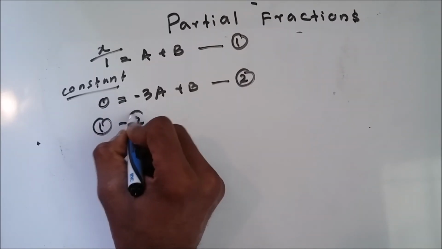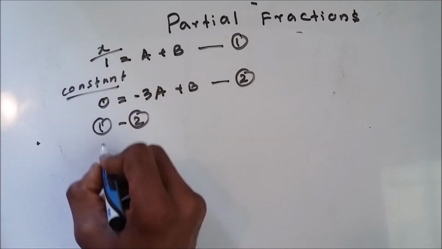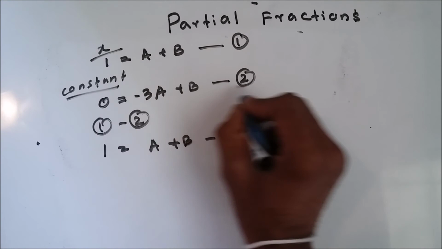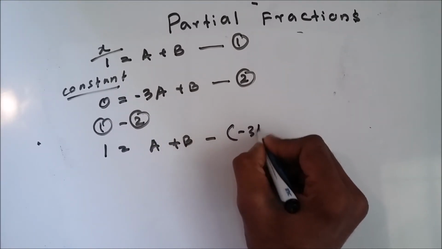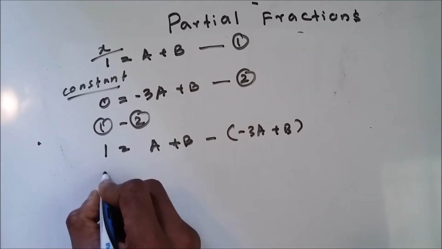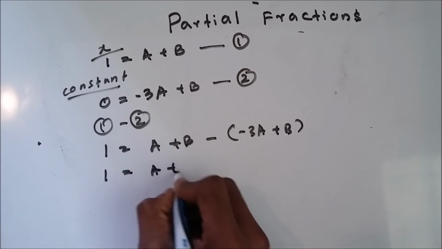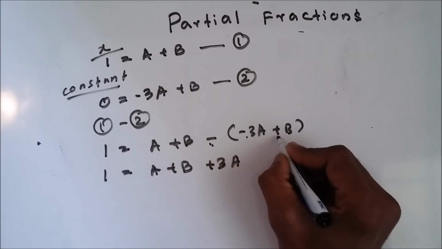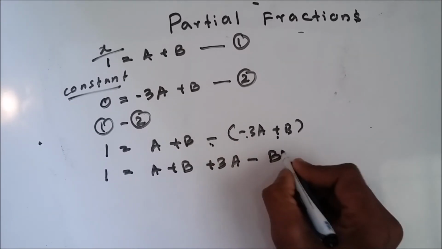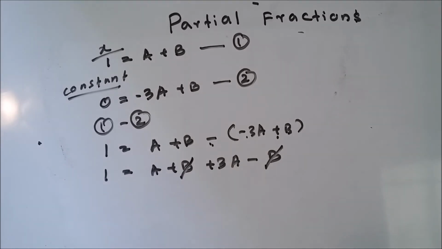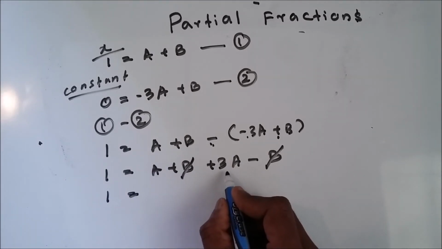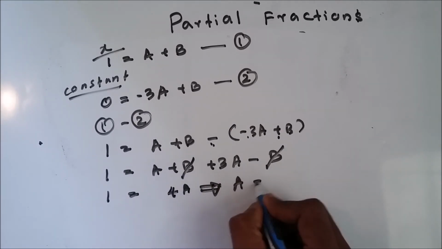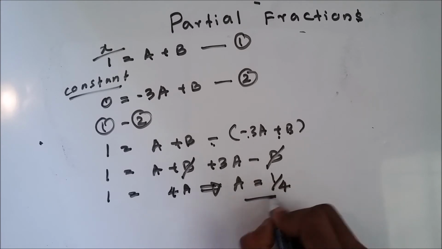First minus second: this side 1, A plus B minus, minus 3A plus B. 1 equals A plus B plus 3A minus B. These cancel. 1 equals 4A, then we get A equal 1 over 4.